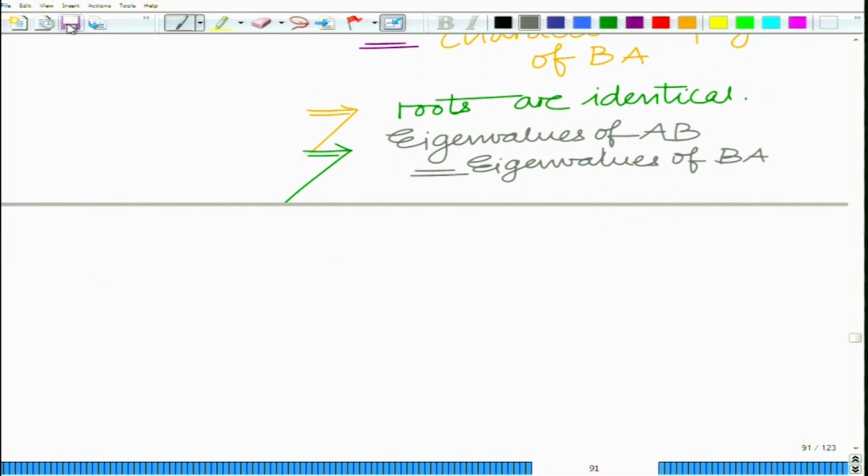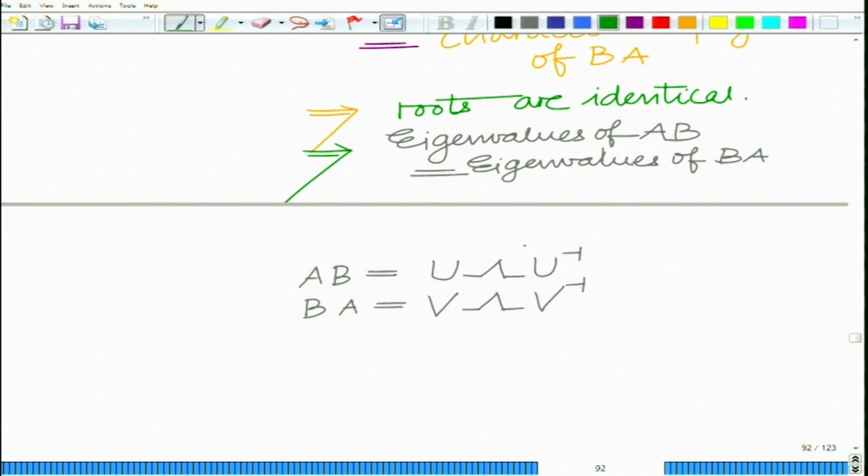Okay. And in fact, you can see if you write AB equals U lambda U inverse, remember this is eigenvalue decomposition, I can write, since their eigenvalues are equal, BA equals some V times lambda times V inverse, because remember their eigenvalues are equal.